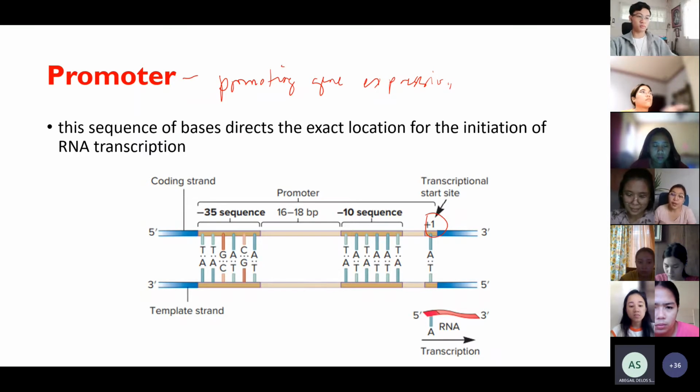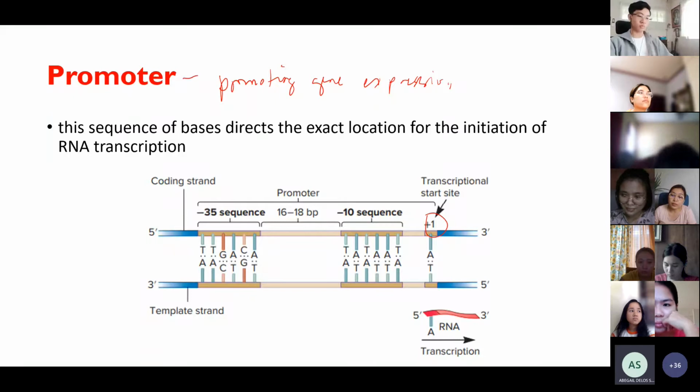Although our promoter may encompass a long DNA sequence, by comparing the DNA bases of many promoters, we have learned that there are several sequences that are necessary for a promoter to be functional.